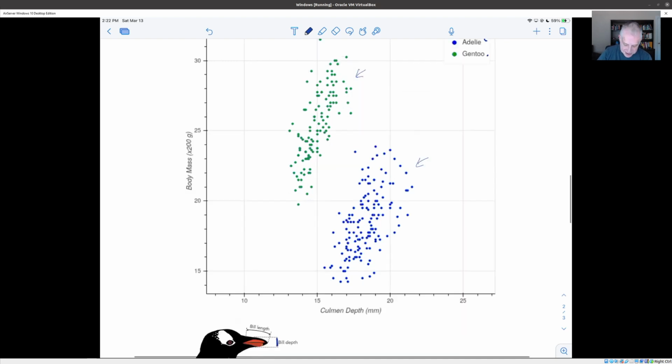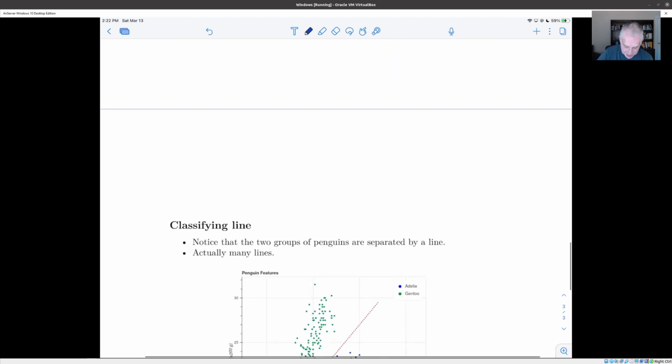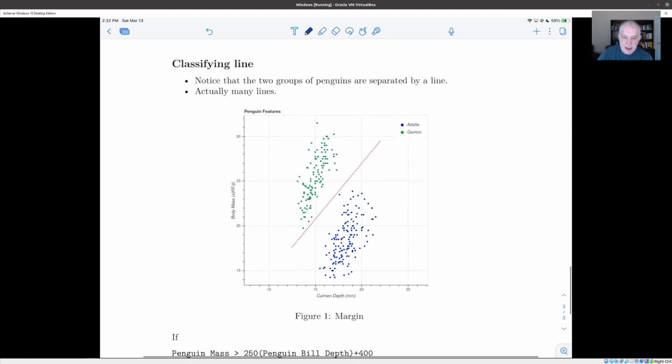And here's a very simple way to do that. Let's just draw a line between the two sets and use that to distinguish between the two classes. I did this by eye. This is the line in these coordinates, y equals 1.25x plus 2. But because of the way the coordinates are, the y coordinate you have to multiply by 200 to convert it to grams.